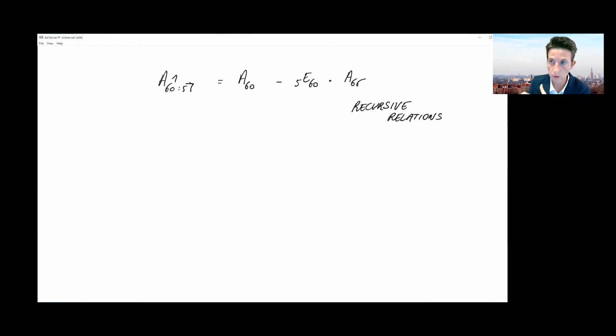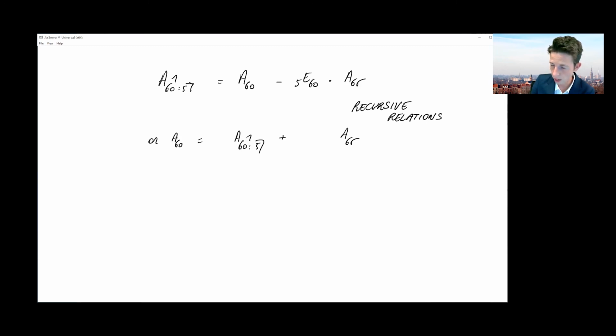So if you don't see that immediately, you could also see it as follows. If you look at a whole life insurance issued to a 60-year-old, then that is the same as issuing a term insurance with duration 5 years to a 60-year-old, and then looking at the whole life insurance issued to a 65-year-old, right?